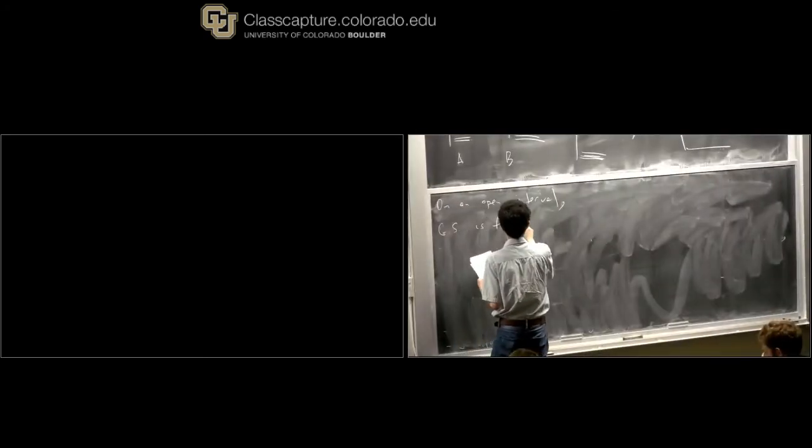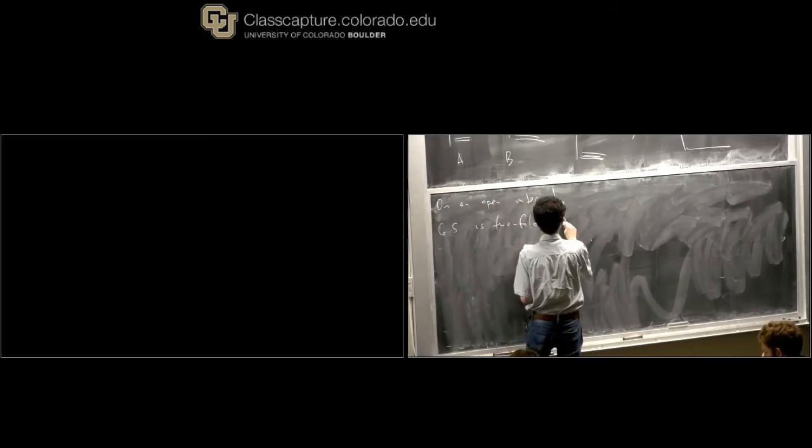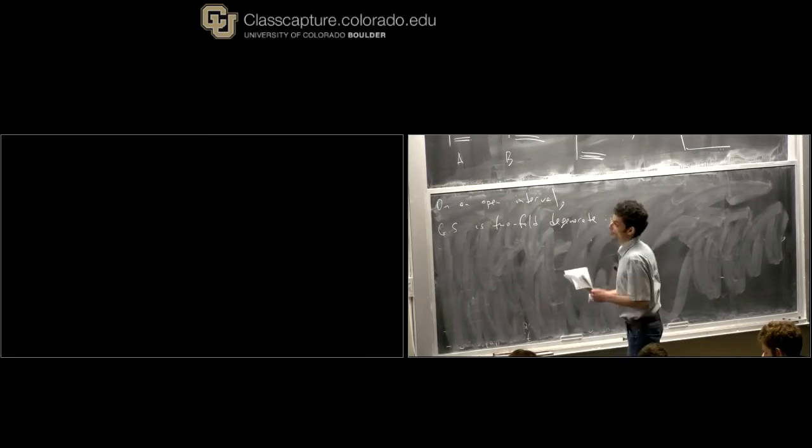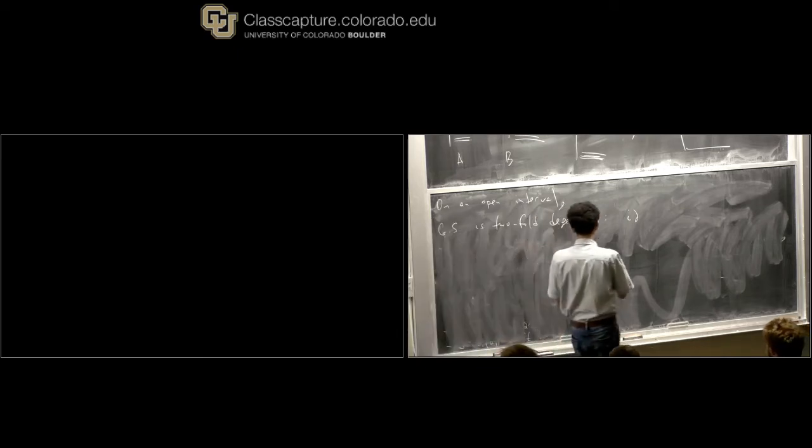And now the ground state of this open chain is twofold degenerate, because if I group these two Majoranas into a complex fermion, it can be empty or occupied.